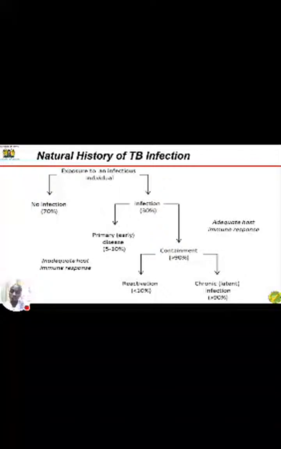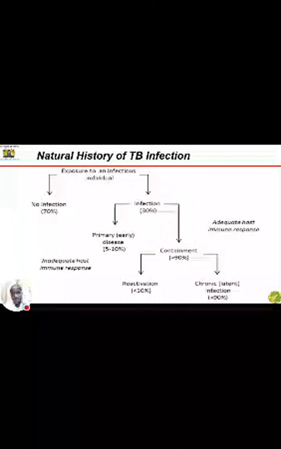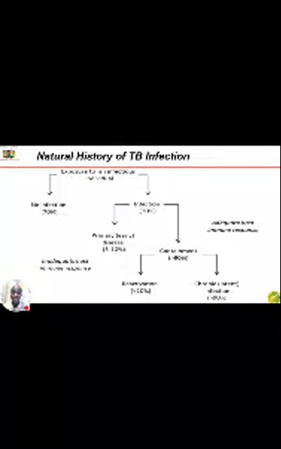The rest of the people, that is 90% or more, will get what we call latent tuberculosis. That is because of an adequate host immune system. Of these people, 10 people or less than 10 people may get a reactivation.